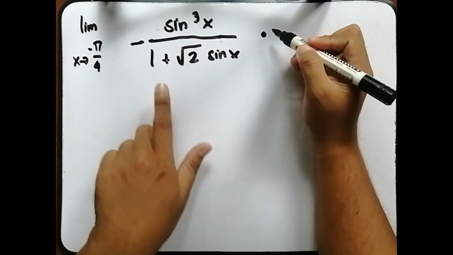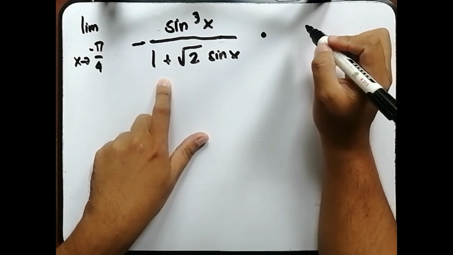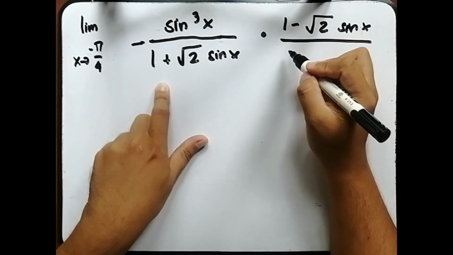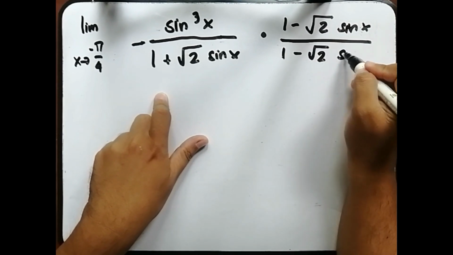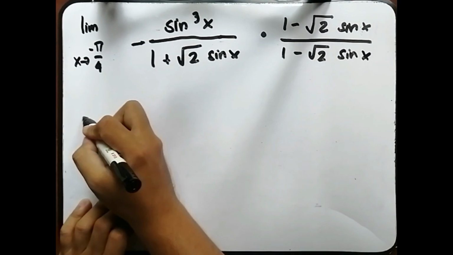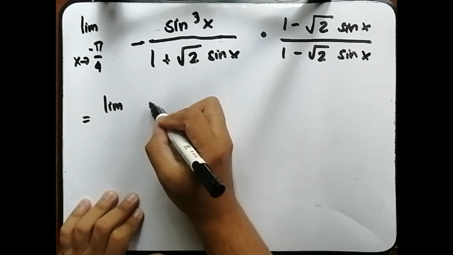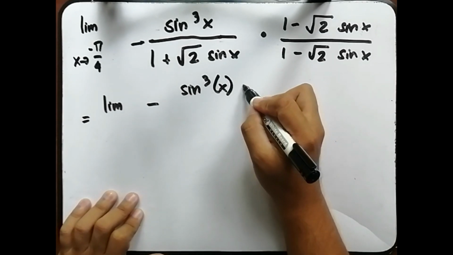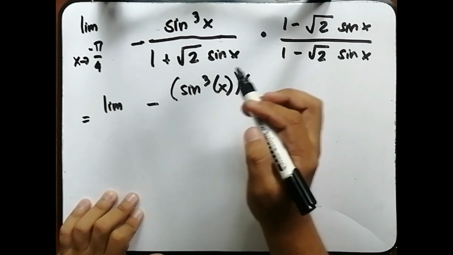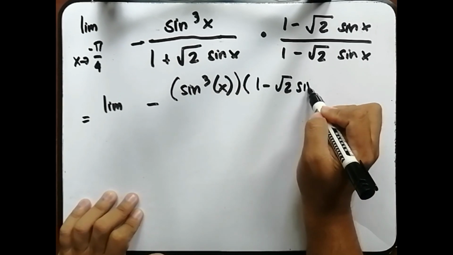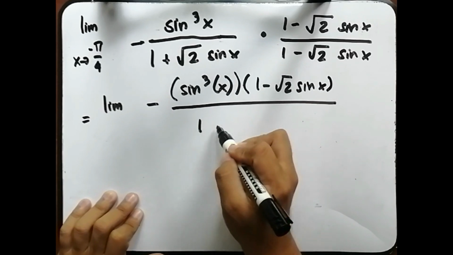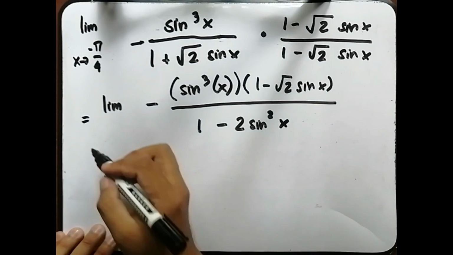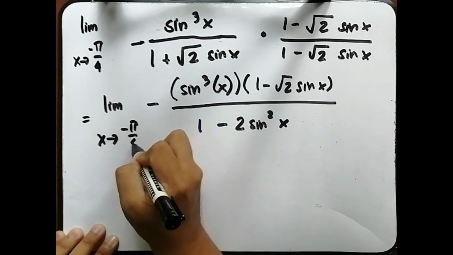Okay, so we multiply here the conjugate of this. So we have 1 minus the square root of 2 sine x over 1 minus the square root of 2 sine x. So we now have the limit of the negative of sine cube x times 1 minus the square root of 2 sine x all over 1 minus 2 sine squared x as x approaches negative pi over 4.